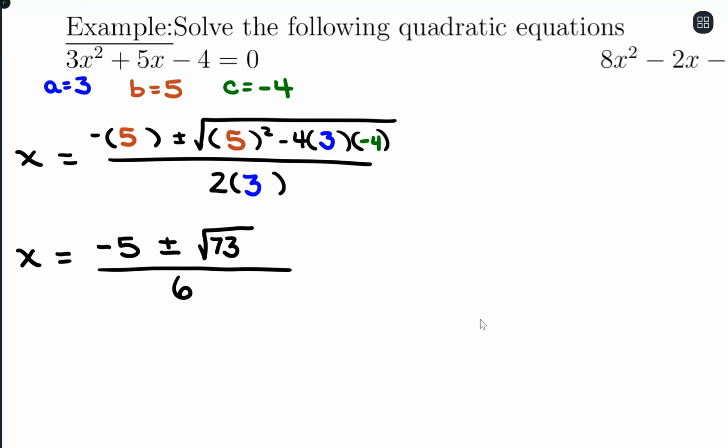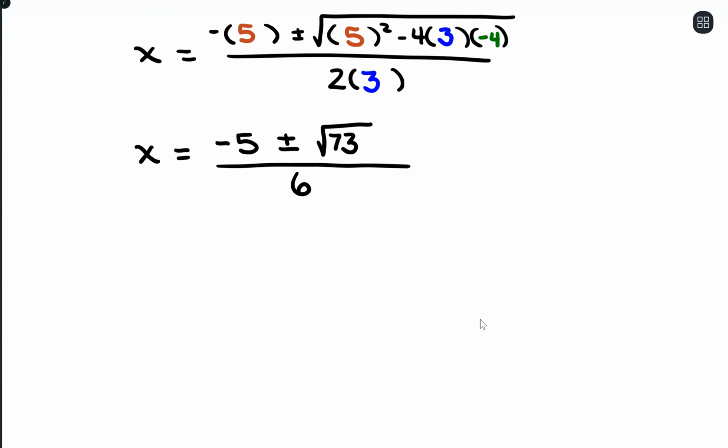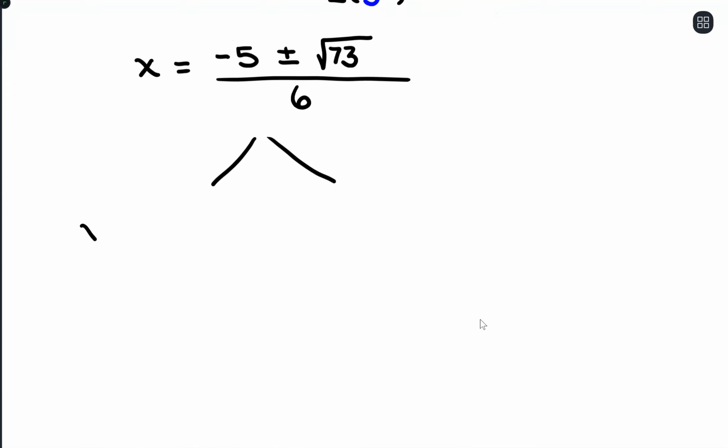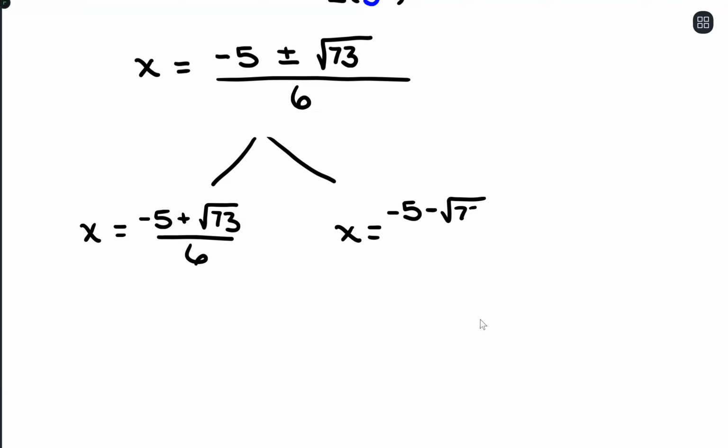Now that is not a perfect square, so we're just going to keep it like that, and we're going to split into our 2 scenarios. One scenario, we're going to have addition in the numerator, so negative 5 plus the square root of 73 over 6. And then the other scenario is where we'll have subtraction, so negative 5 minus the square root of 73 over 6.